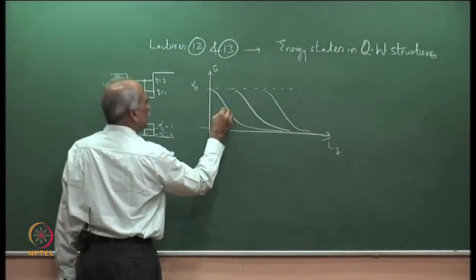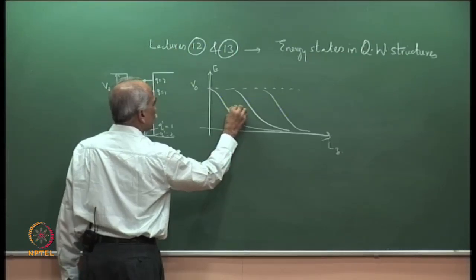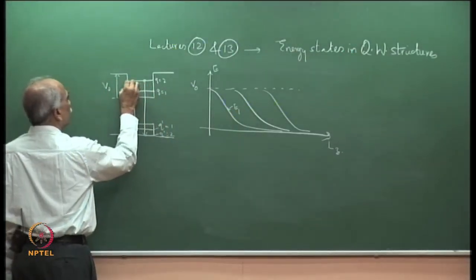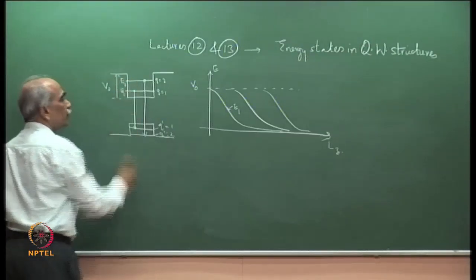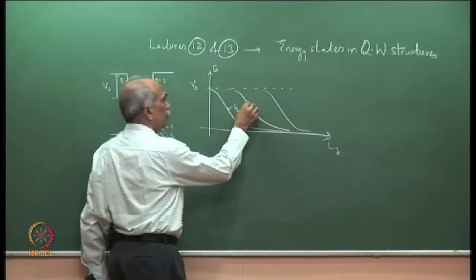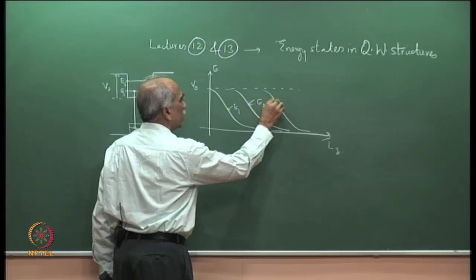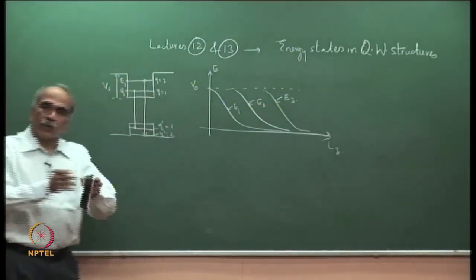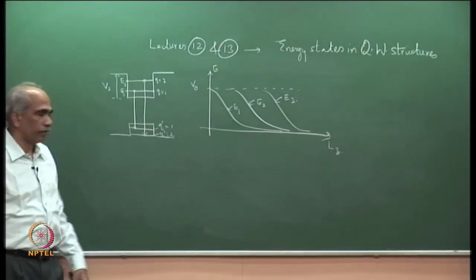So, what are these? These are the allowed energy values E1, E2, E3 and so on, varying with Lz, the thickness of the potential well.